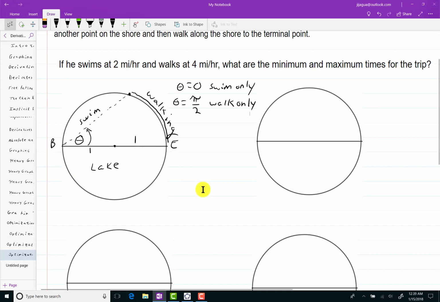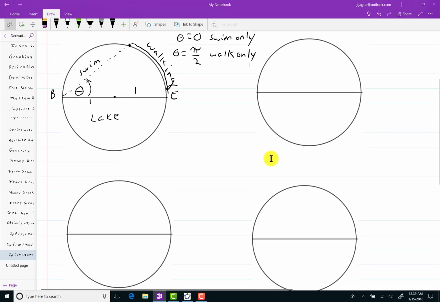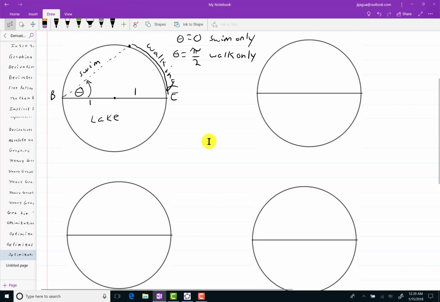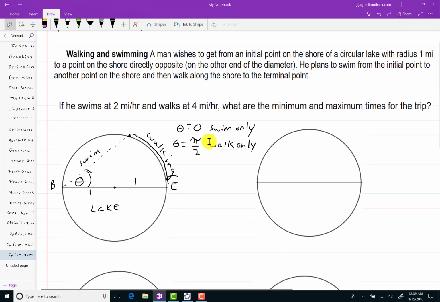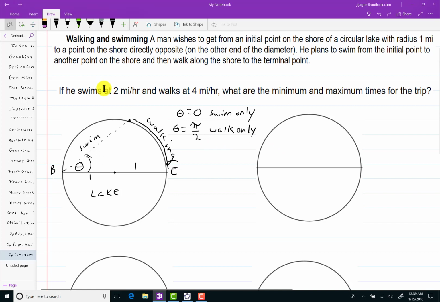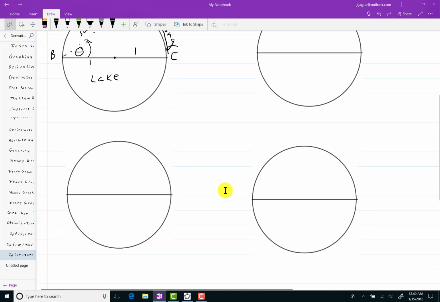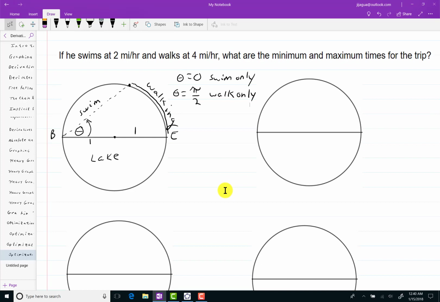So what I've got is how fast he's able to do these things, but I have to make use of a very fundamental formula. I've put a bunch of these circles here because I don't know how many I'm going to need near the end, because I'm going to draw a bunch of different pictures. But one thing you should keep in mind any time you have a constant velocity or constant rate: you have the formula d equals rate times time.